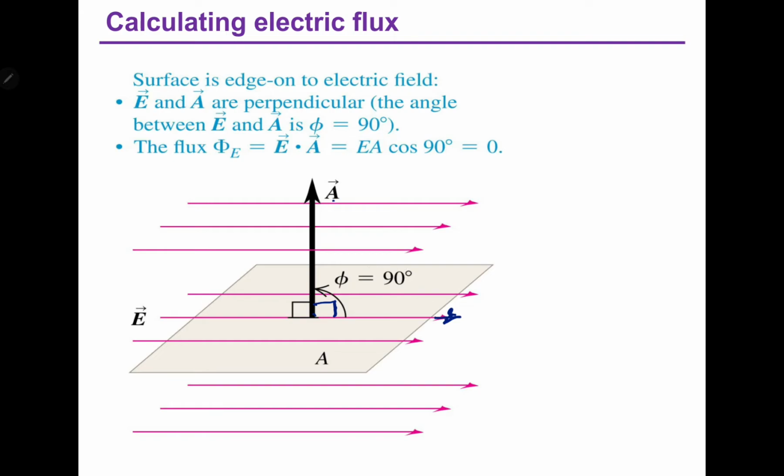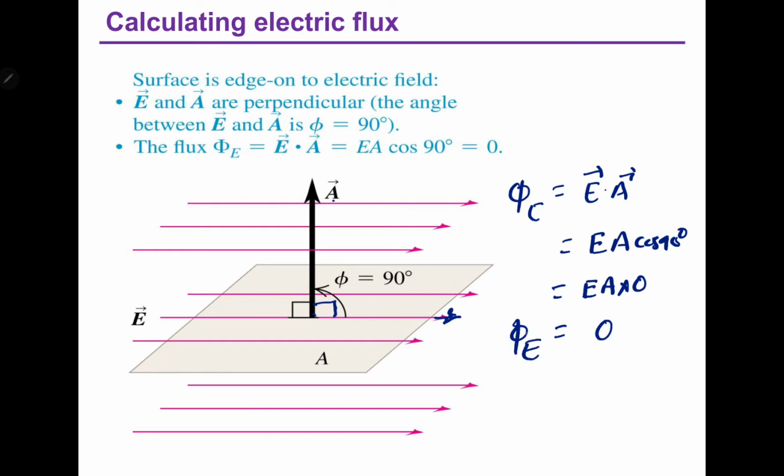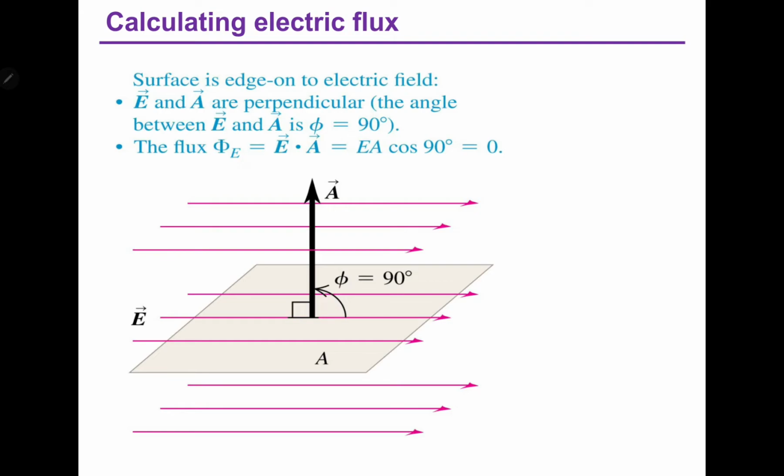So using this equation, E dot A is equal to E A cos 90 degrees, and cos 90 is 0, right? So you will get 0, which is phi e. So in this case, electric flux is 0.